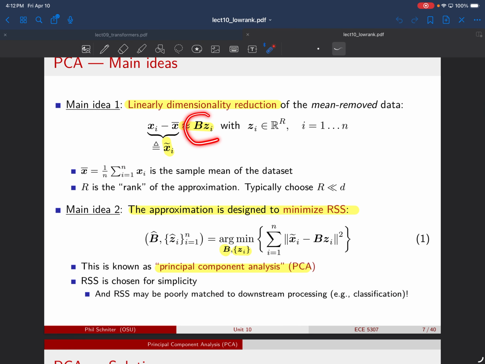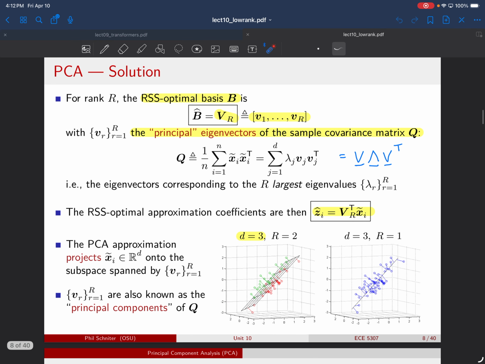We need to compute the matrix B and the vectors Zi from every x tilde i. And the way we do this is we choose B as the principal R eigenvectors from our sample covariance matrix Q. This covariance matrix Q is constructed like that. And then the coefficients Zi are just you take your full dimensional x tilde i's and multiply them by that same matrix but transposed.